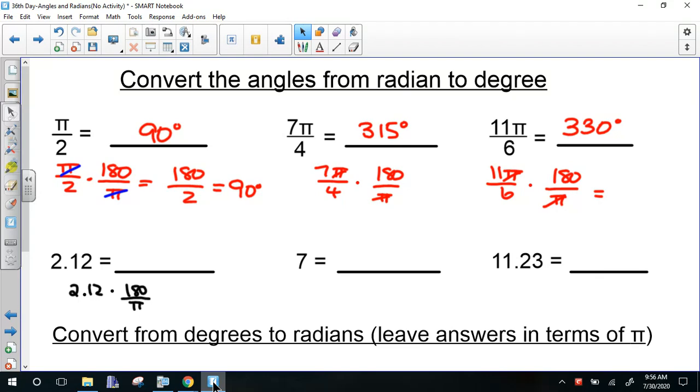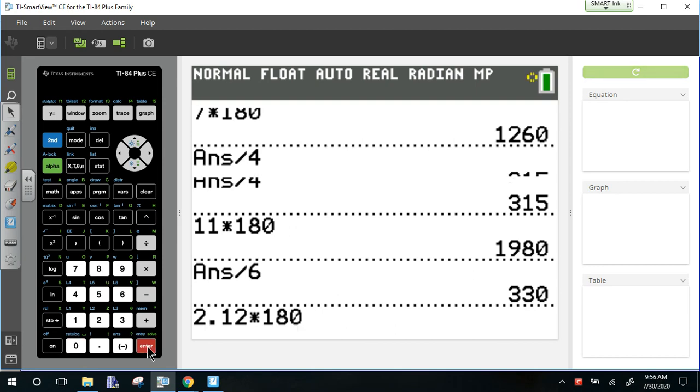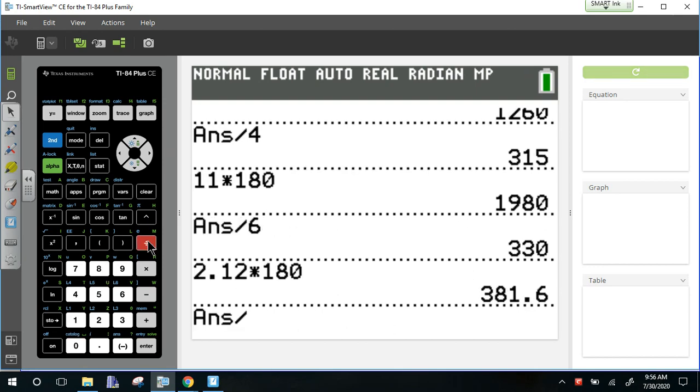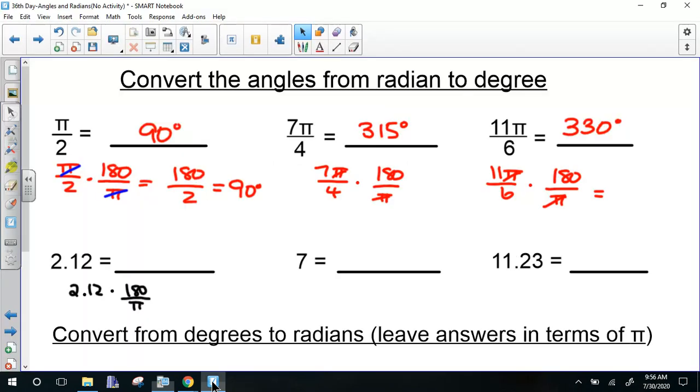So let's do that on the calculator. 2.12 times 180, enter, divided by, let's use the pi button, which is right above the caret, second pi, enter. 121, we'll round it to 121.47.